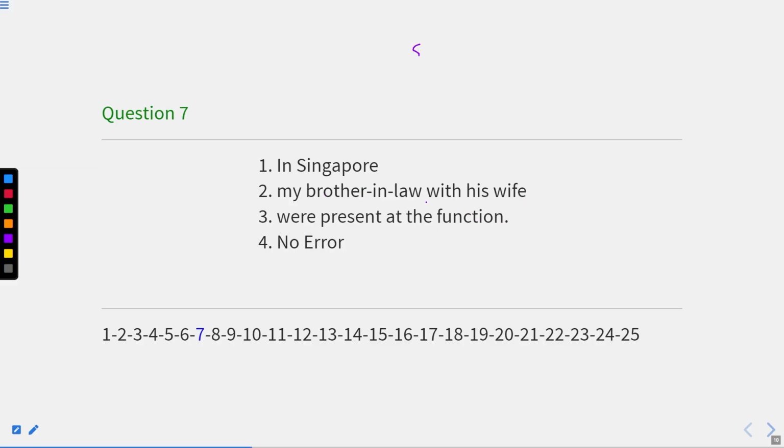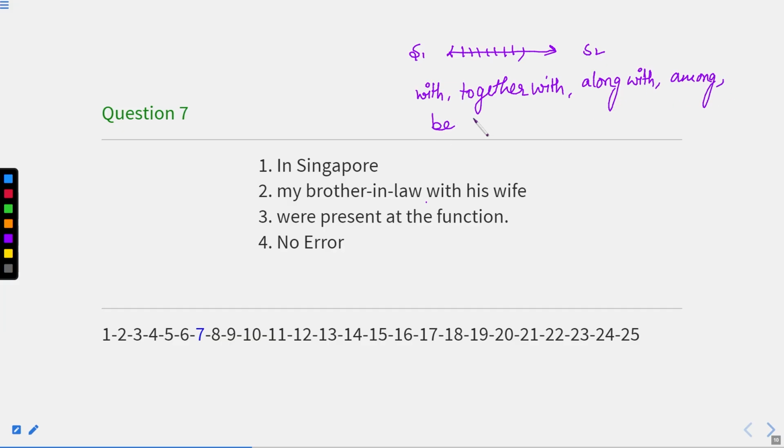Now, as I told you that whenever we have two subjects and we are connecting both of these subjects with any of the conjunctions like with, together with, along with, after that we can have among, besides, and not.